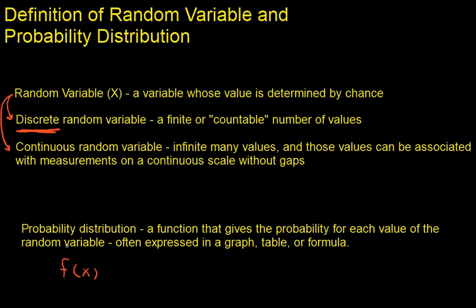So probability distributions are very similar, except now instead of f of x, just for discrete random variables, often our notation is P or Pr of x. All right. So the probability of observing this random variable. So instead of it being a function value, now it's a probability value. All right. So that's what a probability distribution is.